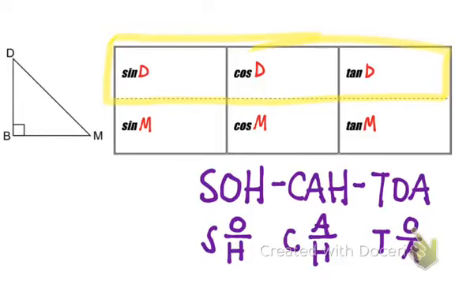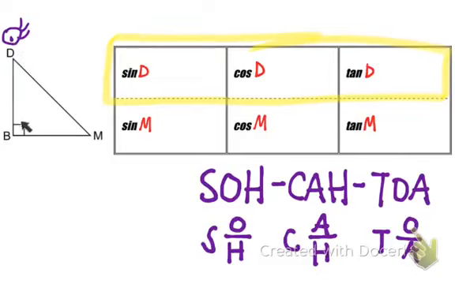So speaking of looking from, when you're trying to figure out the sine, cosine, or tangent of a specific angle, the first thing you want to do in your diagram is draw an eyeball from that angle. So then my eyeball is at D looking at the triangle. Okay, so when you have SOH CAH TOA, you have the opposite side, hypotenuse, and adjacent side, the three different sides of a triangle, depending on which angle you're looking from.